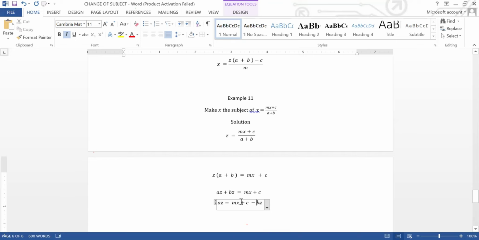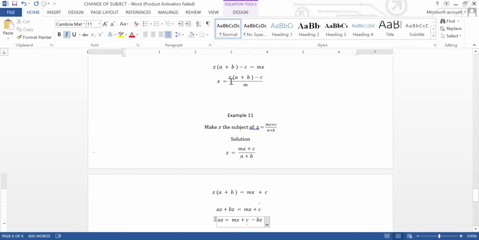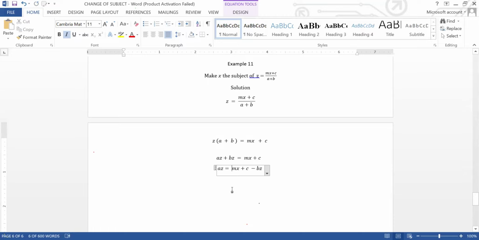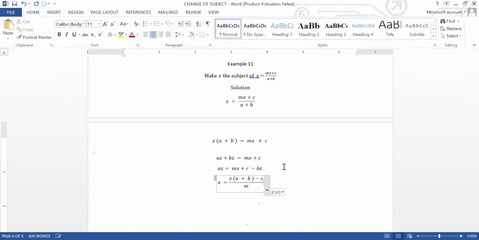And that becomes like this. But we have to divide through by what? Z. You get it? We have to divide through by Z. So let me pick up the structure, and see our final answer becomes this.